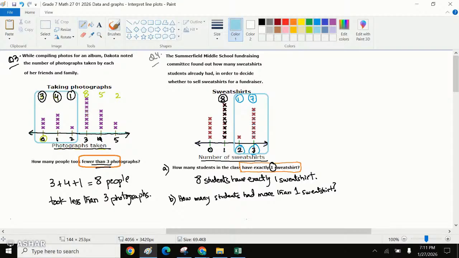So we count the number of students. That means 1 plus 7, that means 8 students had more than one. Agreed? So it depends on what they're asking us.